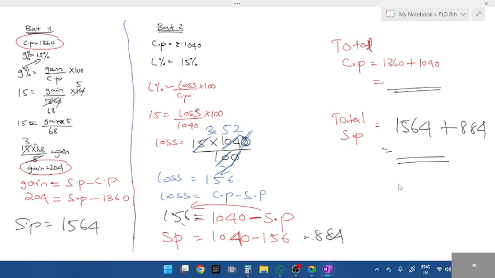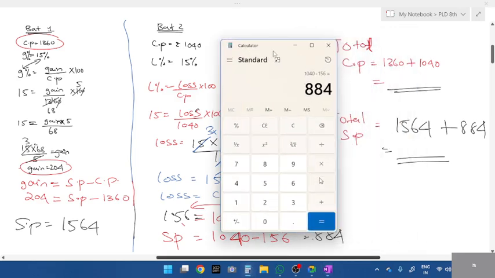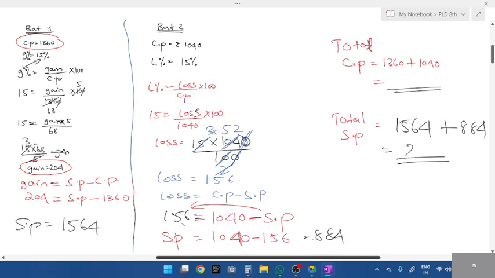118. No, before that, cost price, 1186. Let me check. 1156. I'm getting 2448 total selling price, 1564 plus 884. 884, 2448, students.